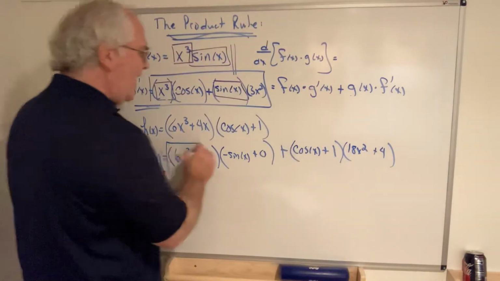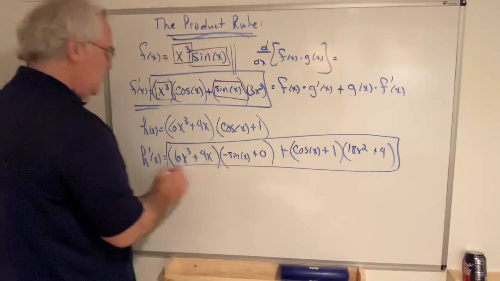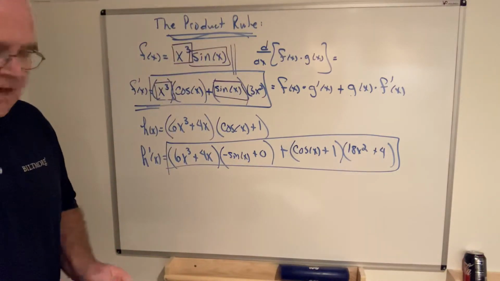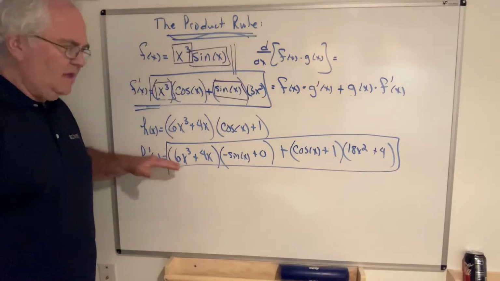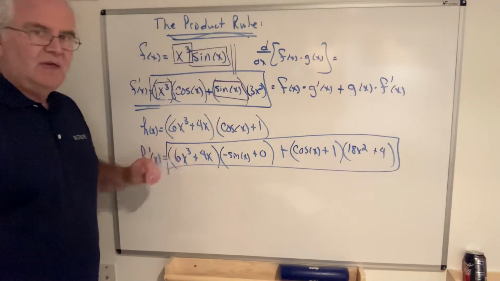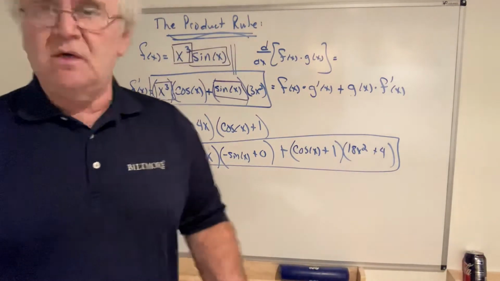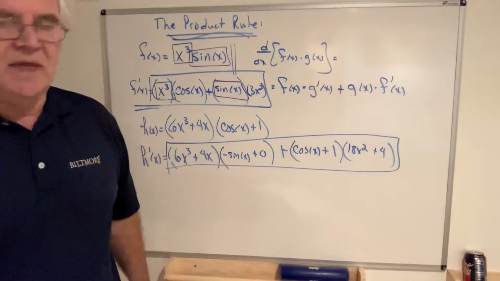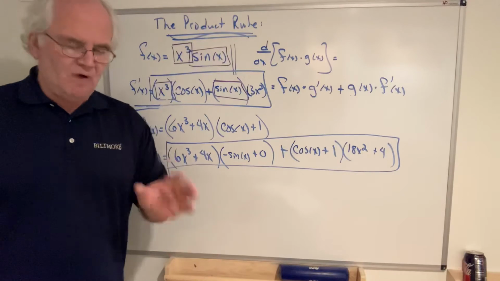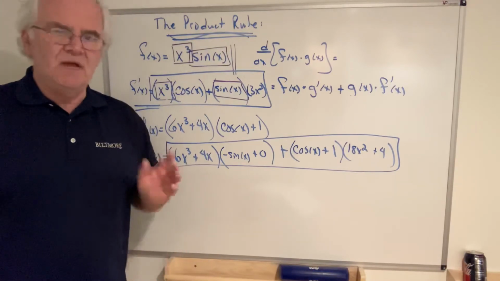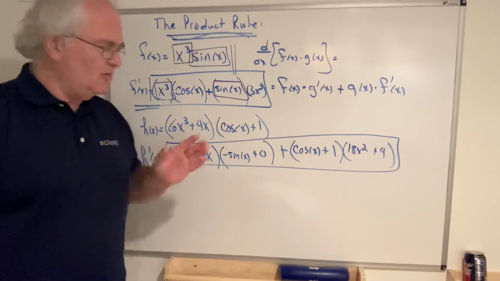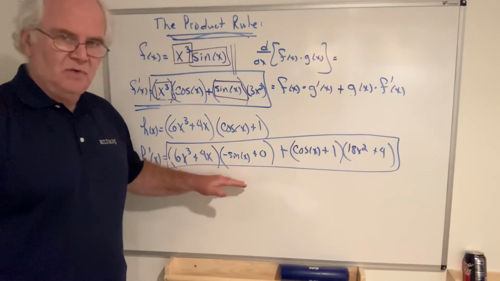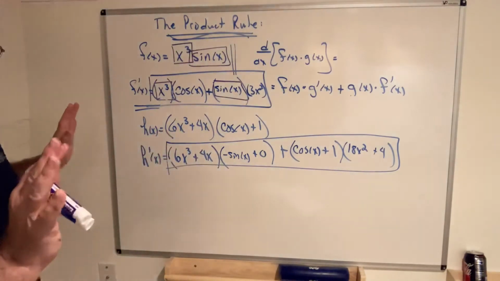If all you're asked to do is find the derivative, then you do not need to simplify your result. If you need to simplify your result for some other reason, then I'll make you simplify the result. If all the directions ask you to do is compute the derivative, then just compute the derivative and let it sit there, back away slowly.